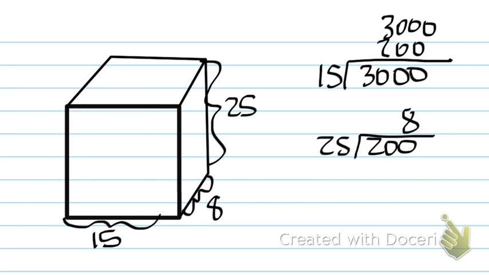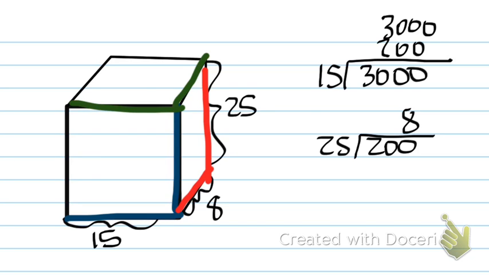So again, I'm looking for the area for each of my faces. So there's 3 different faces that I need to find the area for: the front, the side, and of course then the top. So let's start with the front of the box. The front of the box has dimensions of 15 by 25.